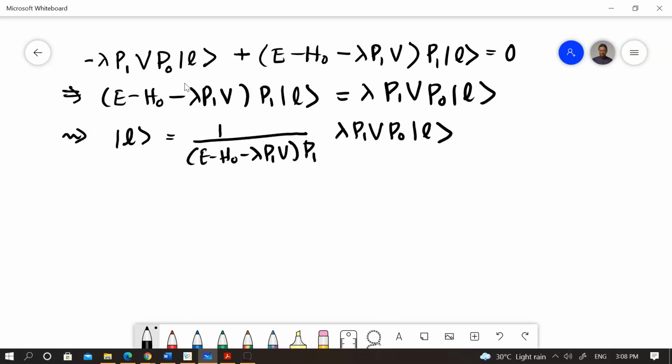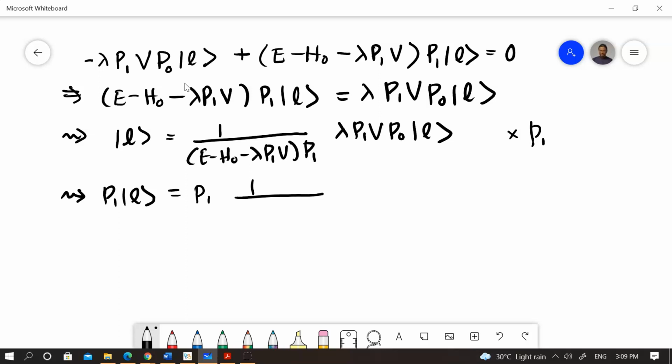Okay, so I'm going to multiply this by P1. I could have actually left P1 there, but I want that form. So times P1, that gives you P1 L equals P1.